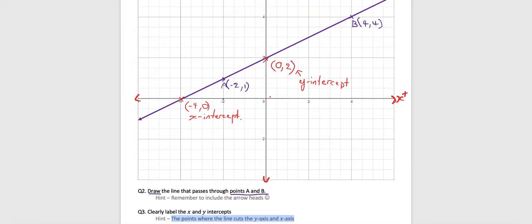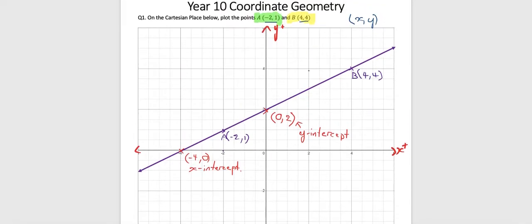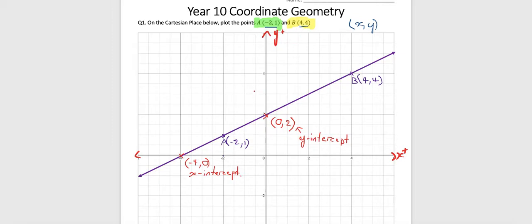So let's use the points where we intercept the y-axis, because firstly, actually no, we won't use these points. We'll use the original points we started with, so A and B. And the reason we're going to use these points is, notice that they're both whole numbers. So they cut through the grid at exactly, so notice the grid itself.